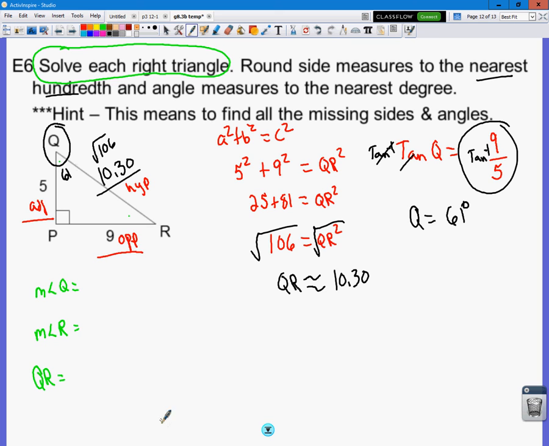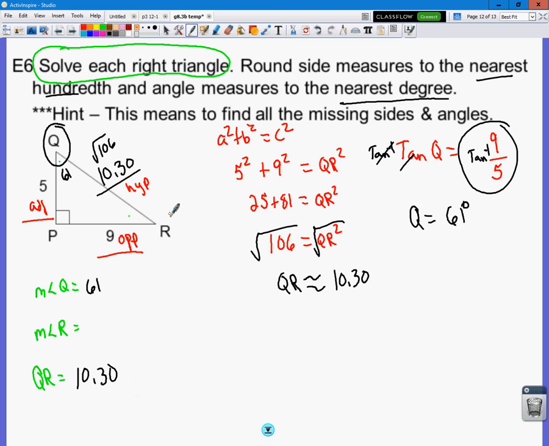Round to the nearest what? Degree if you're talking about the angle. Nearest hundredth if you're talking about the side. So I found that QR was 10.30. I found that angle Q was 61.